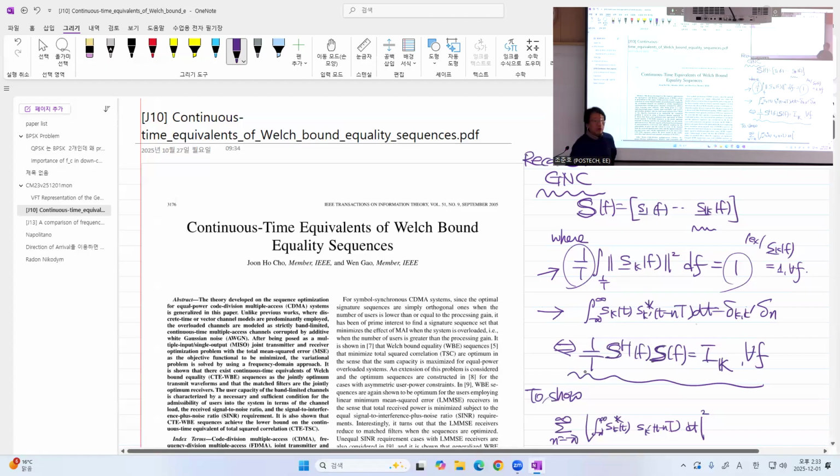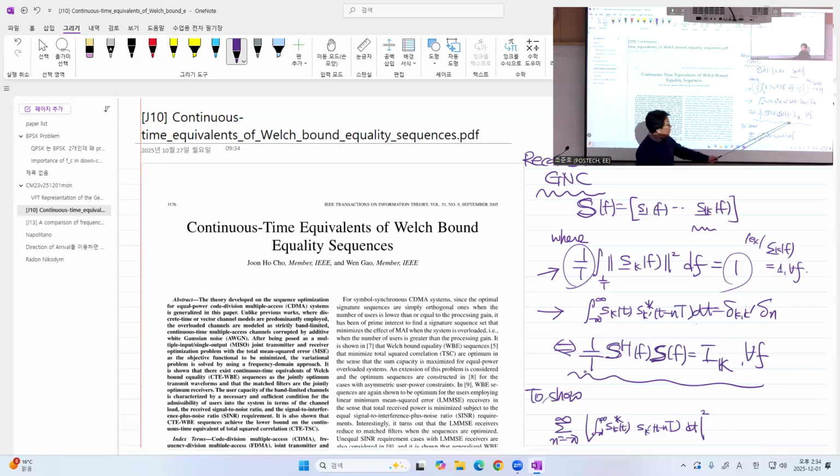Here, I want to emphasize that this is size capital K, right? Whatever bandwidth our signals have, it may have a very large number of rows, or it may have fewer rows than K, depending on the situation.